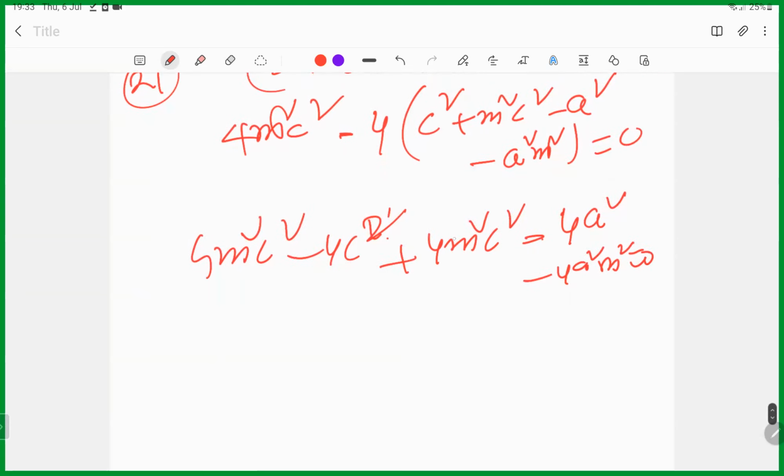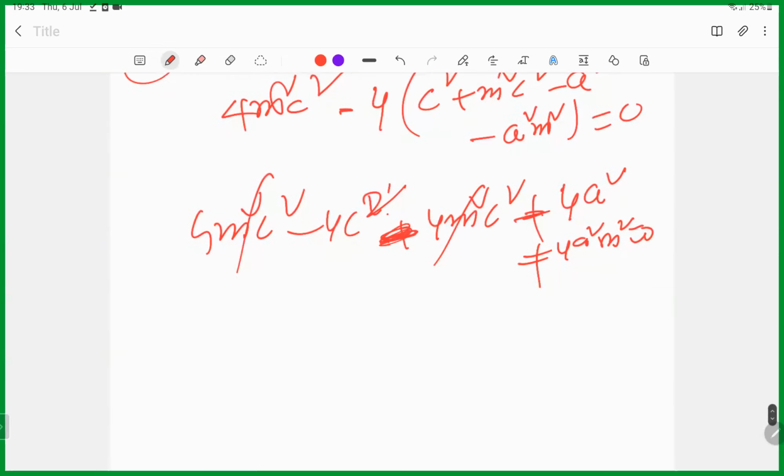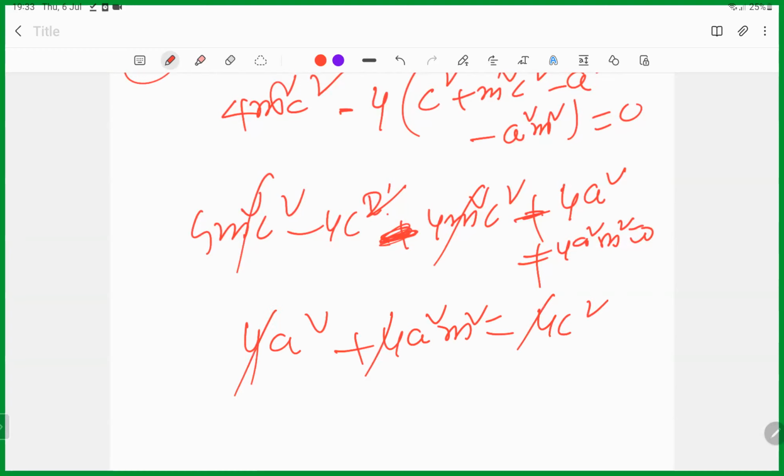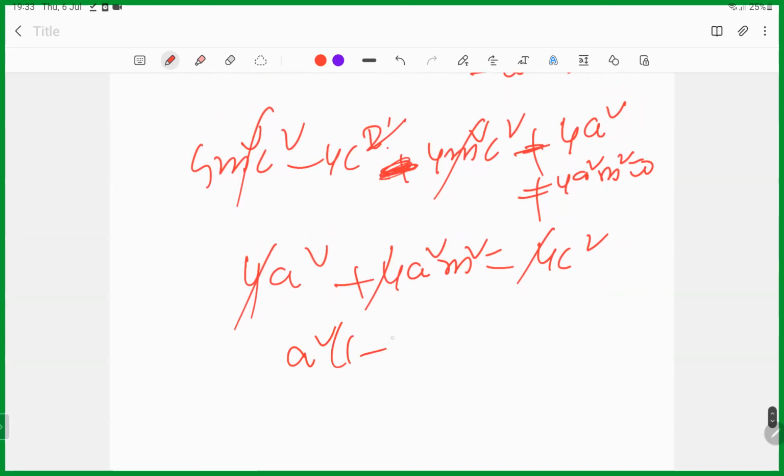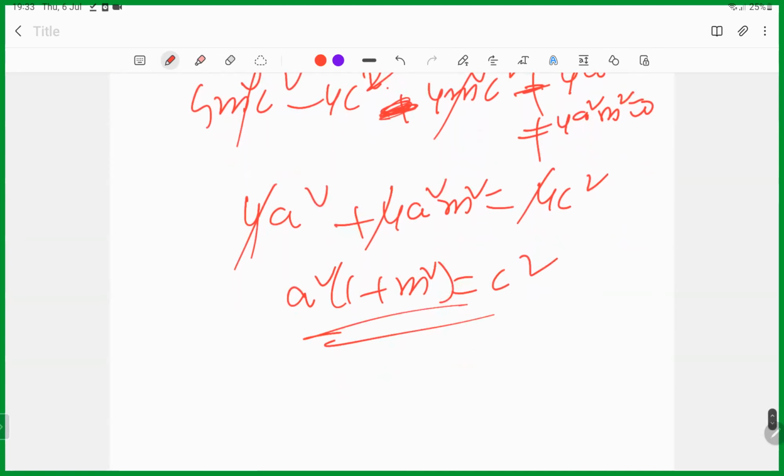Right. So this and this will get cancelled out, so 4a square plus 4a square m square equal to 4c square. So 4 you can cancel it out. So a square into 1 plus m square equal to c square. What is there, madam? Difficulty so much for you? So b square minus 4ac is equal to 0, and finally you will get it.